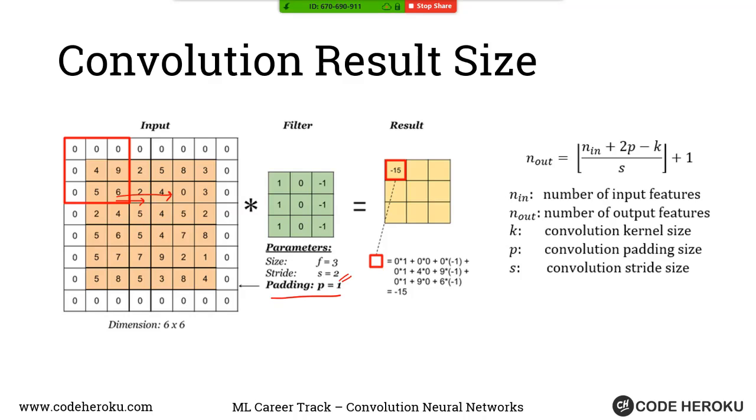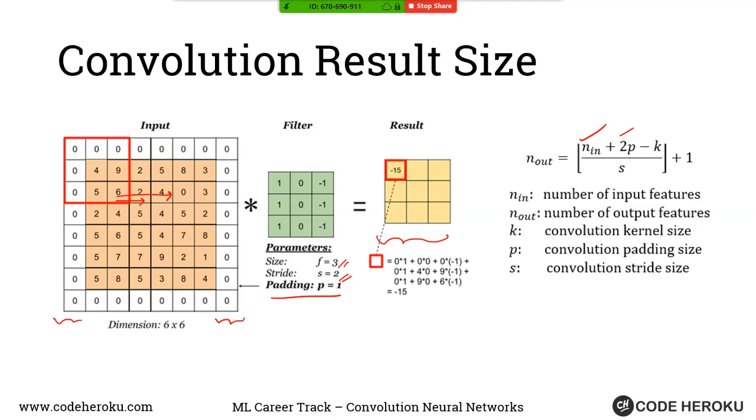And we also saw that the resulting output over here, the N out, would obviously depend upon the input features. The size of padding, it is 2p, because if you add a padding of 1 over here, it will get added on all the sides. So it is 2p minus the filter size. The k is the filter size, in this case 3, divided by the stride, how many times you move the filter.